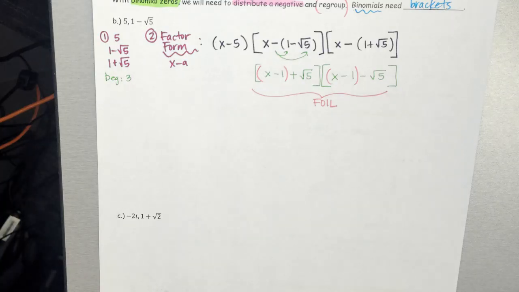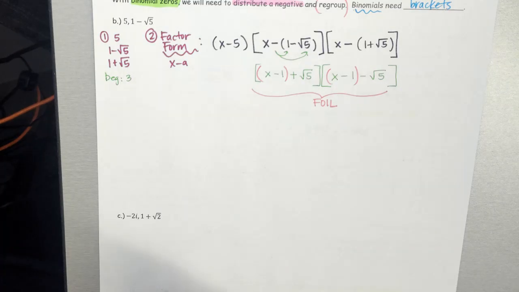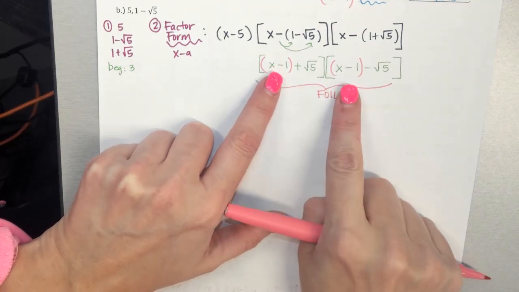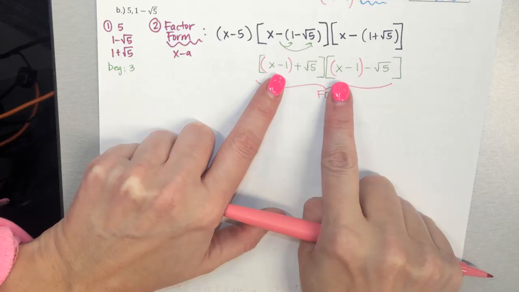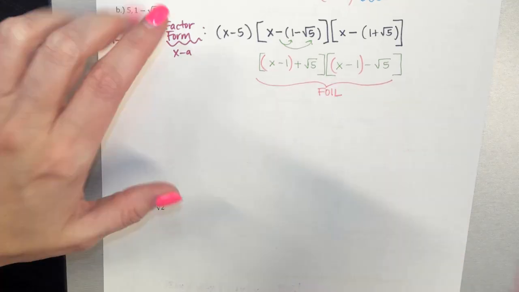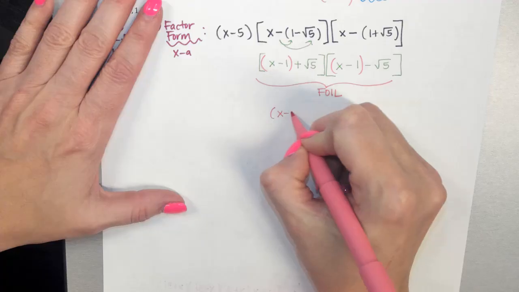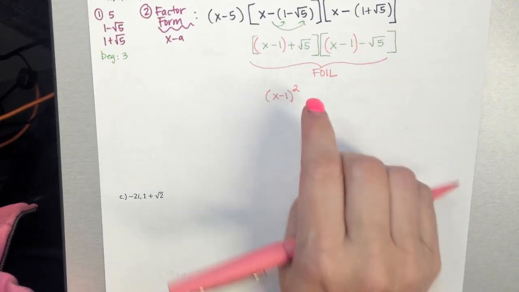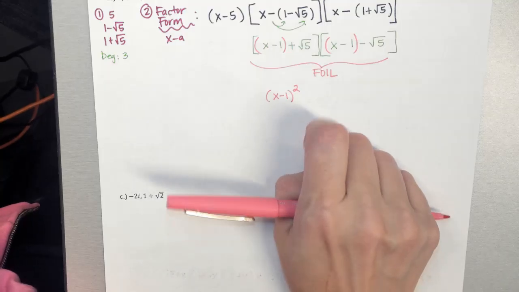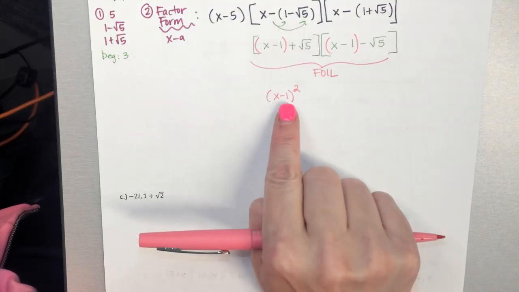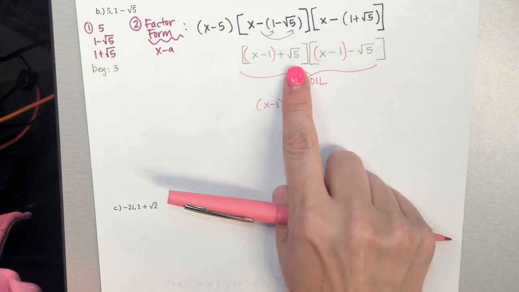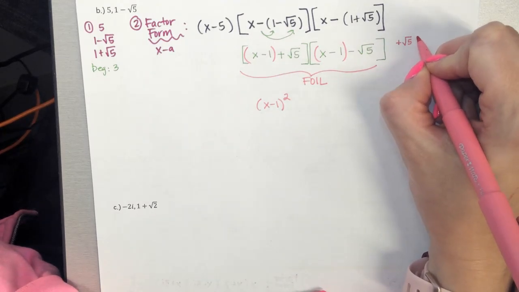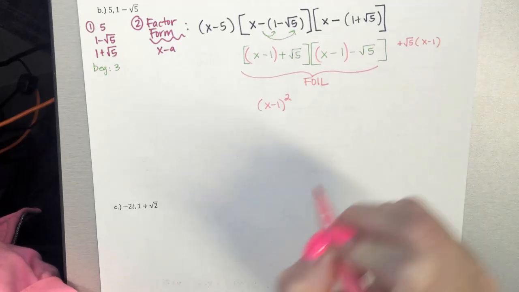Okay, so when I FOIL, you know how we do the first times the first? We're treating this as one term. So we're going to do x minus 1 times x minus 1, so x minus 1 squared. First times first is x minus 1 squared. Then on the inside, you'd have plus root 5 times x minus 1.